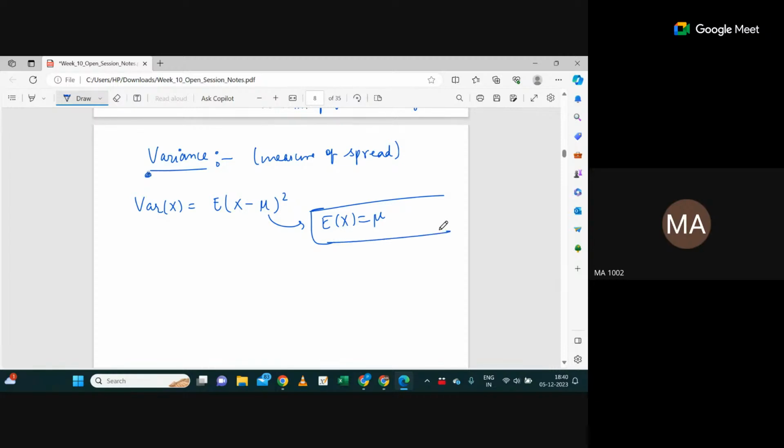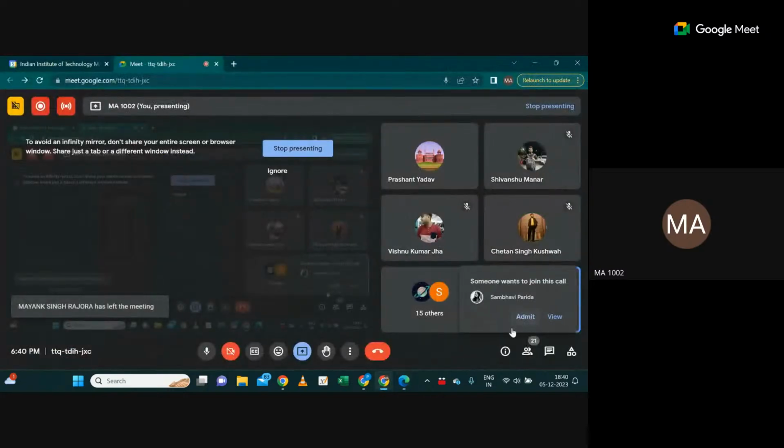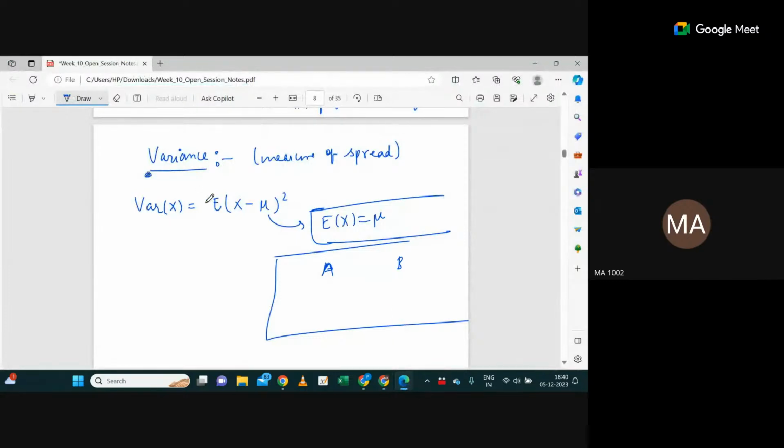So what's the need of variance? Let me take one example. Why are we interested in knowing the variability of my data? Suppose there are two universities, University A and University B. In University A, these are the packages, let's say in lakhs or crore, whatever, of five random students, and in University B, these are the packages.